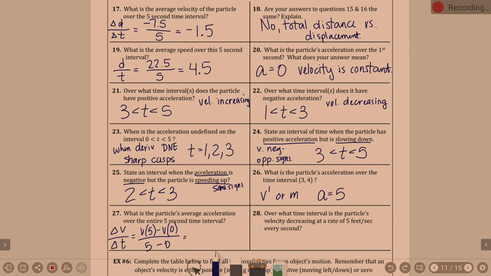Well, what's my velocity at 5? 0. Minus the velocity at 0 over 5 minus 0. Yep. Negative 5 over positive 5, so negative 1.